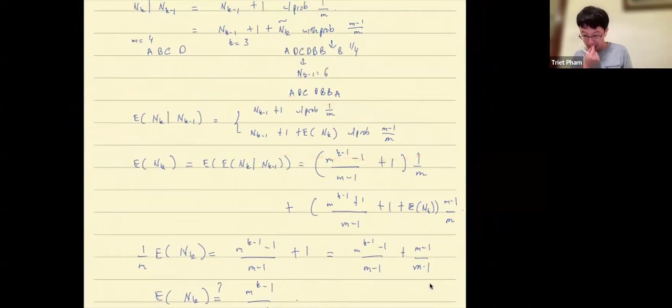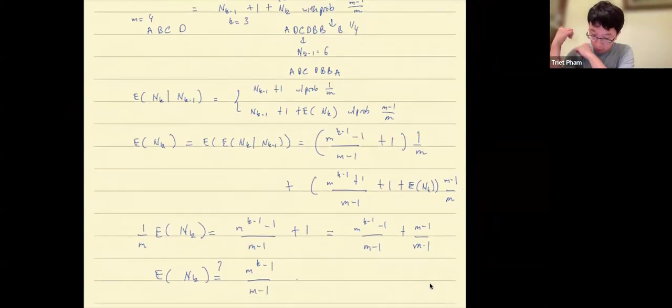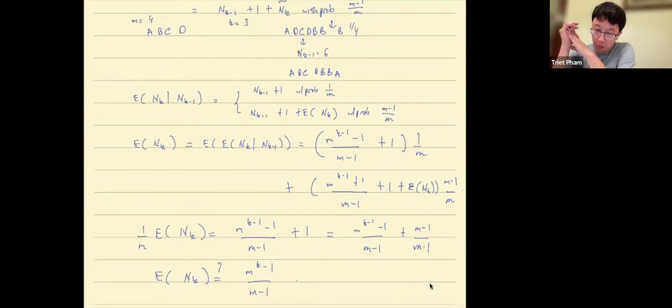What would that be? So the error would be like this.